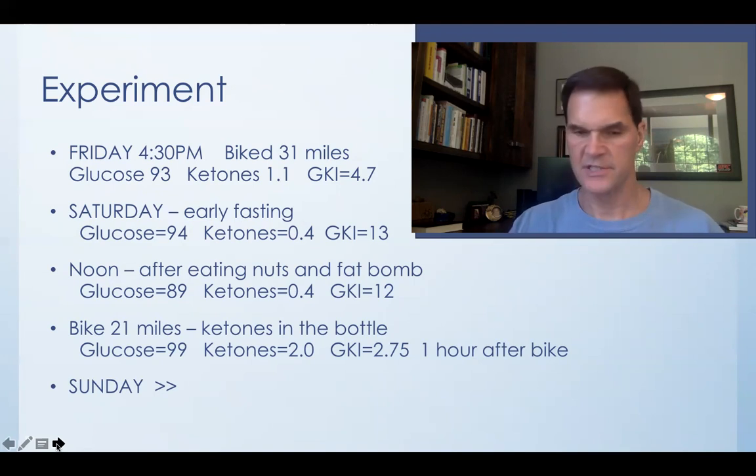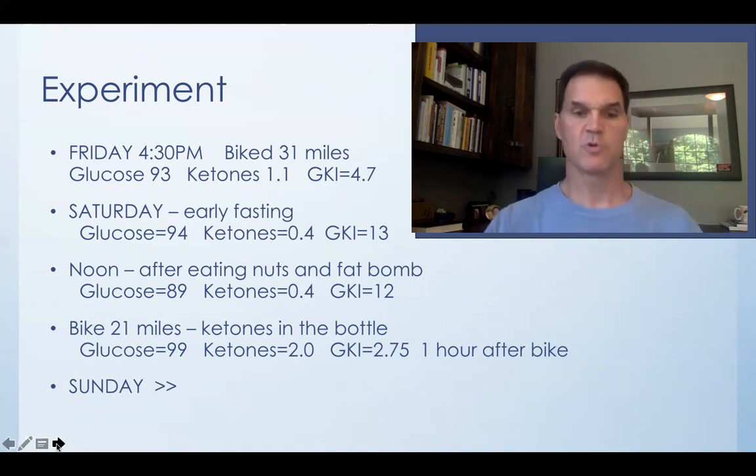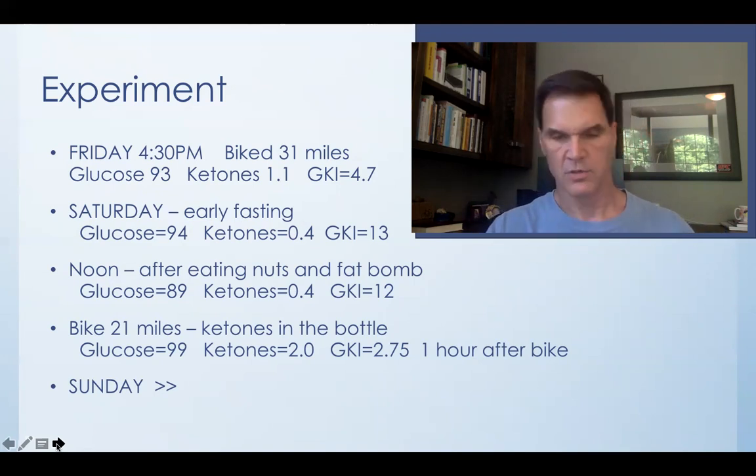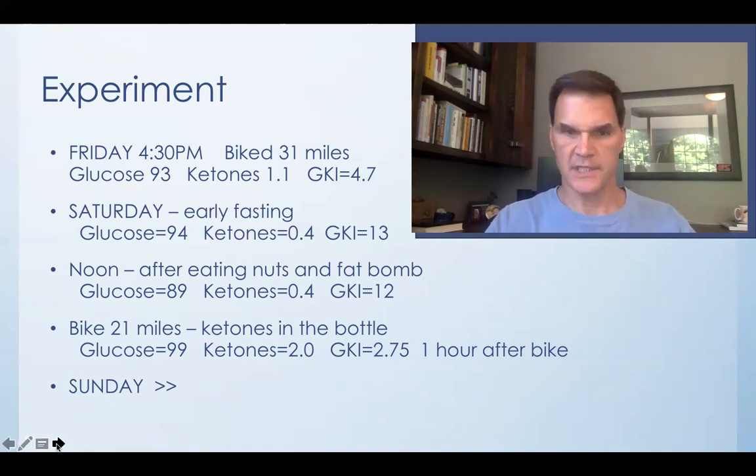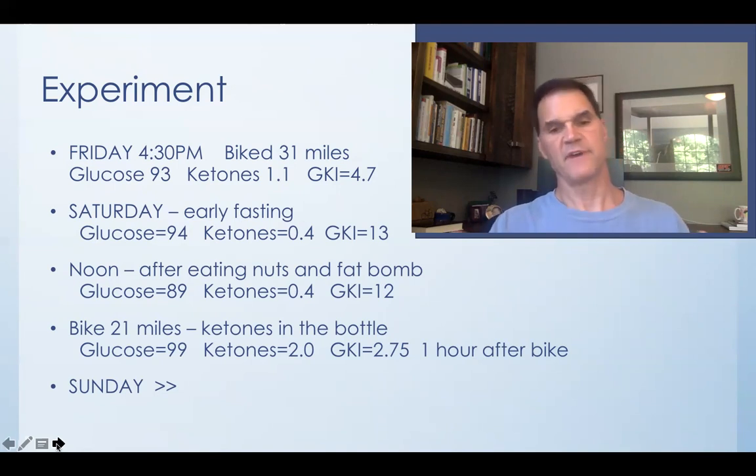If you've ever checked your ketones after exercising, they're almost always low right after you exercise because your muscles are still sucking the ketones out of your bloodstream and they're using them. But after you've had 2 or 3 hours to recover from any exercise, or if the exercise was pretty tame, then you should see the ketones rising pretty aggressively. This is only an hour after the bike, so they probably went up after this.